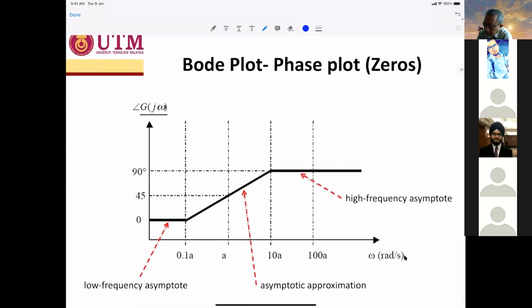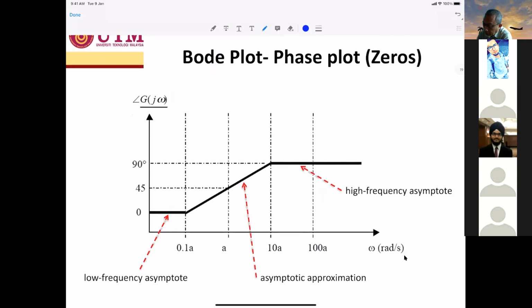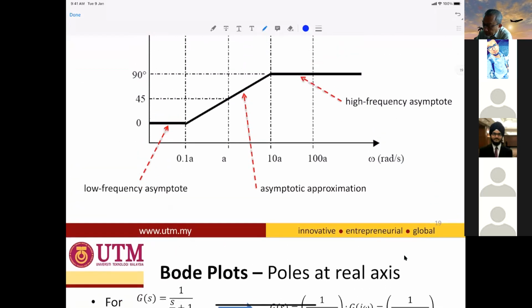So this is the sketch of the phase for the zeros of the transfer function. This one is the break frequency, BF, with the low frequency asymptote and the high frequency asymptote.